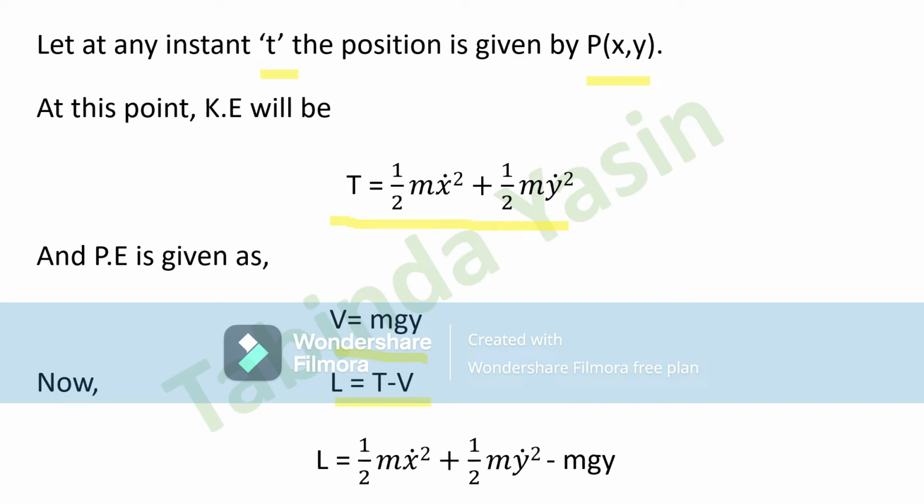We have studied that previously. So putting the values of T and V in that equation, L is equal to 1/2 m x dot squared plus 1/2 m y dot squared minus mgy.